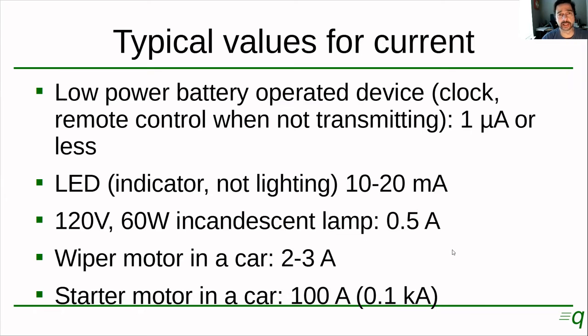We're not even getting into power distribution or industrial values. Even in our houses or cars, that is ranging from a microamp or less to 100 amps. So the range of electrical current that we can find varies a lot.